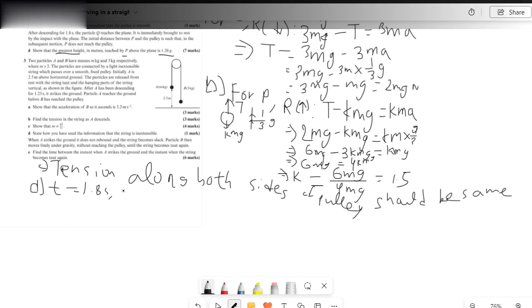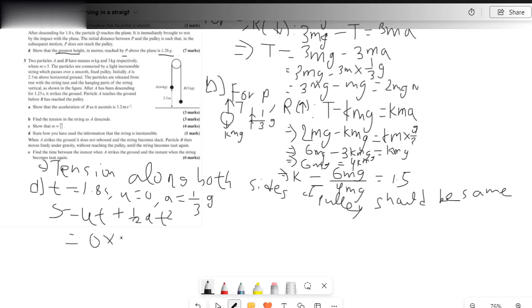It is brought to rest, and it was initially at rest. Therefore, we can say that u is equal to 0. We know that the acceleration is 1/3 of g. Therefore, we can use the equation s equals ut plus half at squared to calculate the distance traveled, or the displacement.